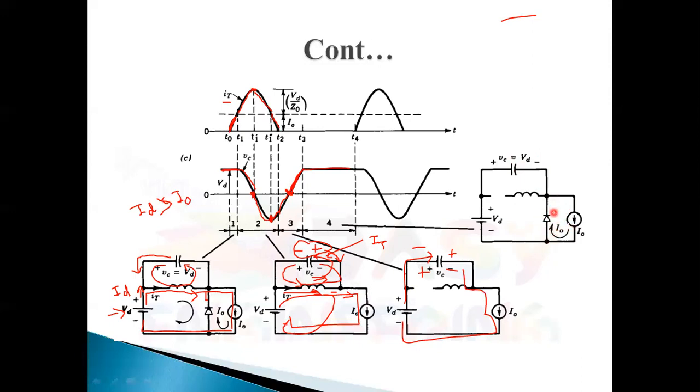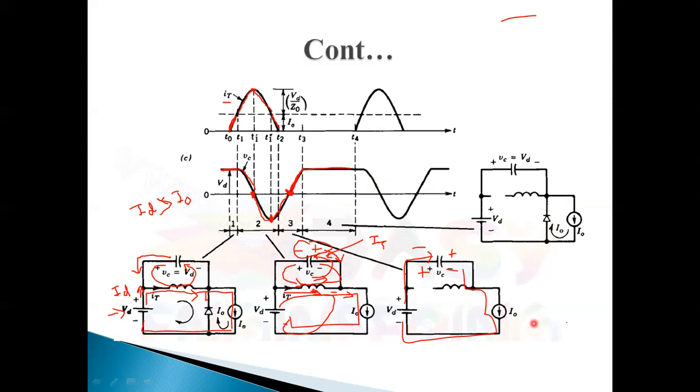At that time the current source gives its energy, or current is flowing only through this diode. And after then, mode 1, mode 2, mode 3, mode 4 continuously repeat themselves.